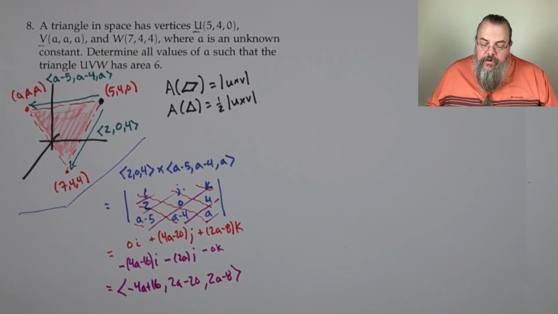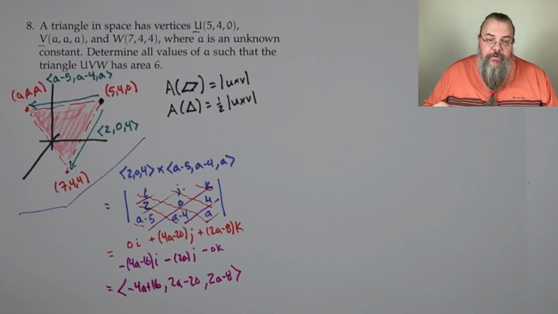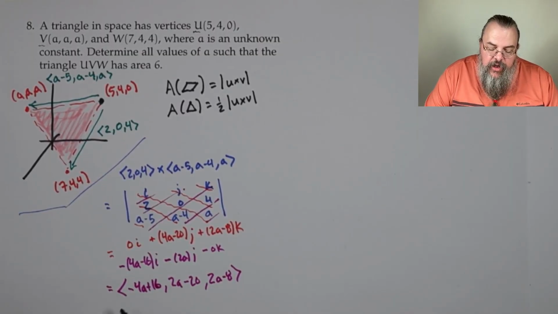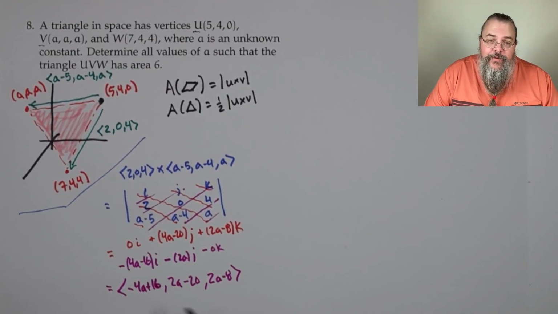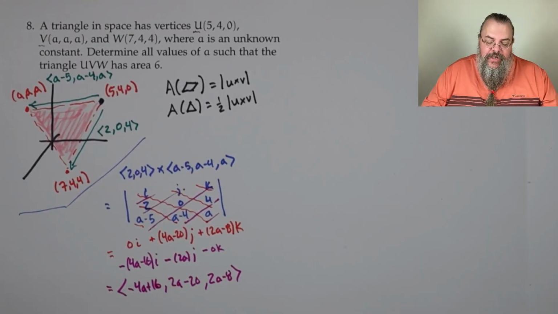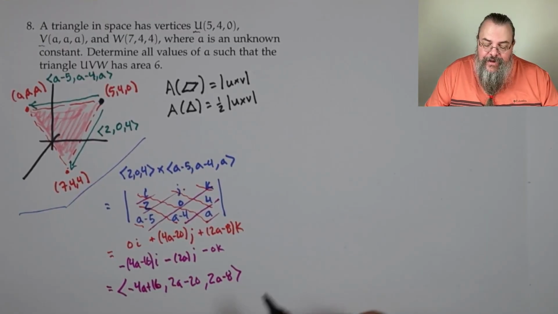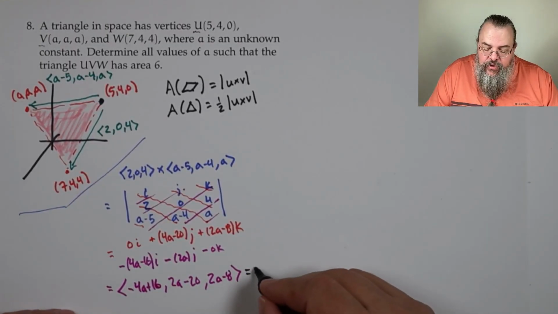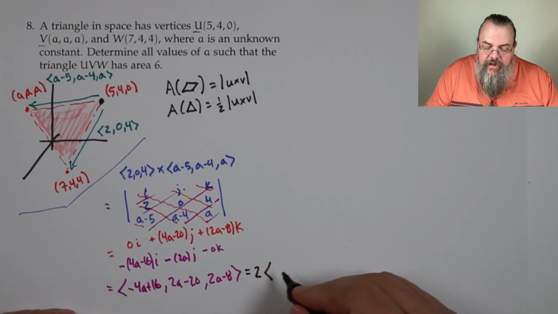Now, there's one more thing I'm going to do with this, and that is to ask, is there anything common? Because we're about to take a magnitude, and if you can pull out common terms, that will simplify the computation. Everything's even. So I'm going to pull out a scaling factor of 2.